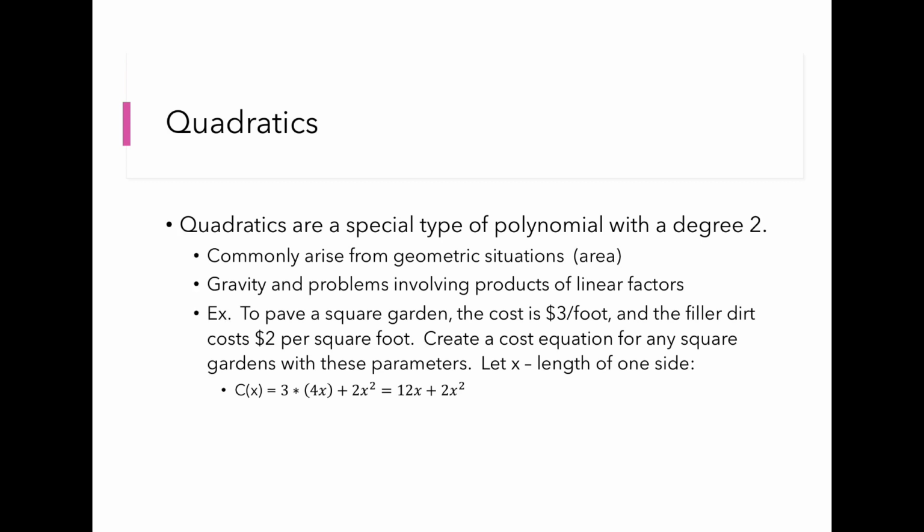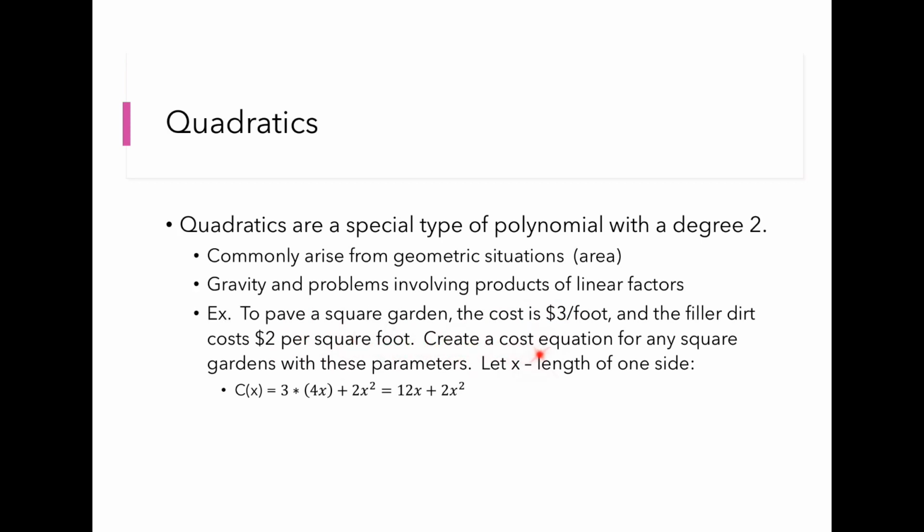Here we're talking about paving a square garden, and the cost is $3 a foot, and that's the linear cost. And then the filler dirt is $2 per square foot, so that's the cost per 1 by 1 square of the dirt we're going to put into this garden. So the linear cost for the outside perimeter is $3 a foot for the pavement, and then we have the dirt that's going to go inside.